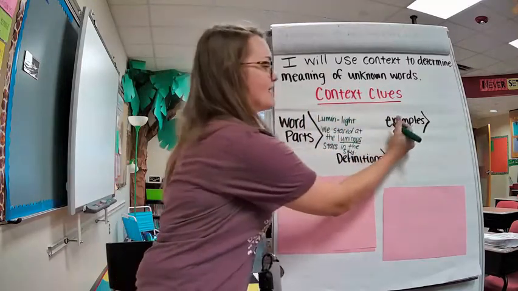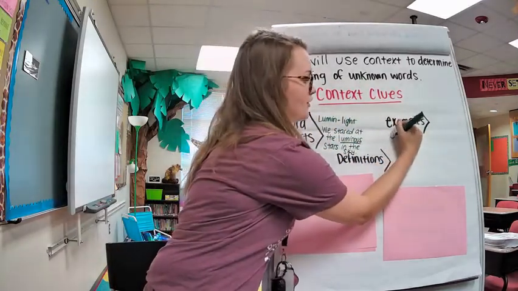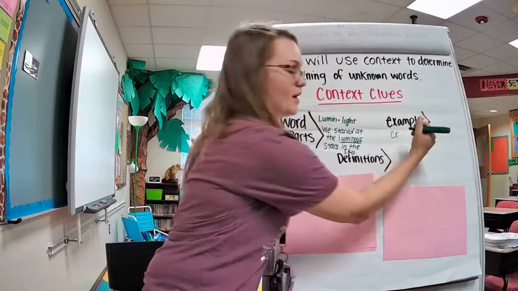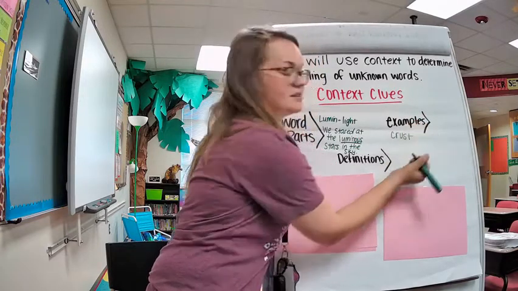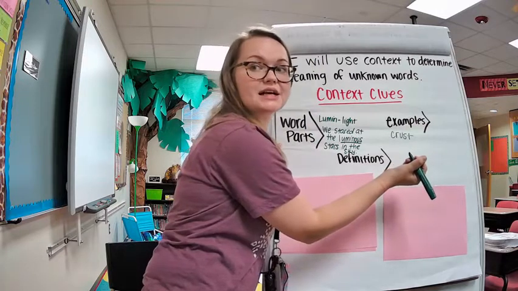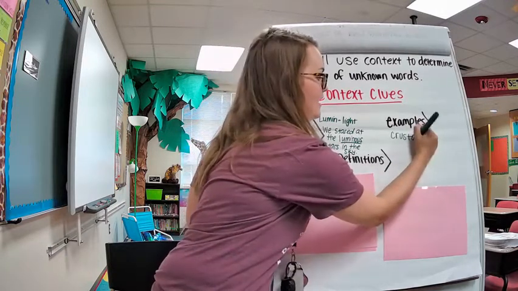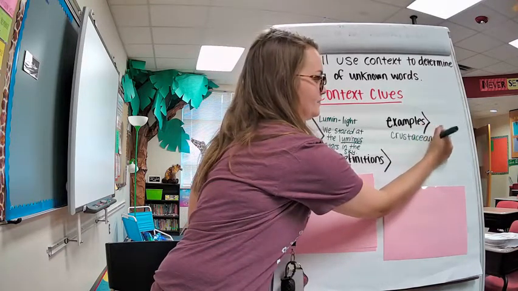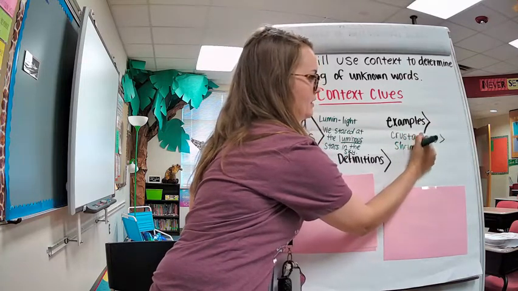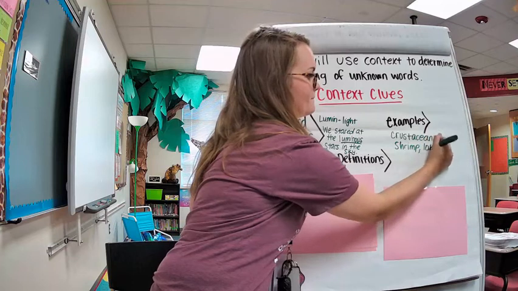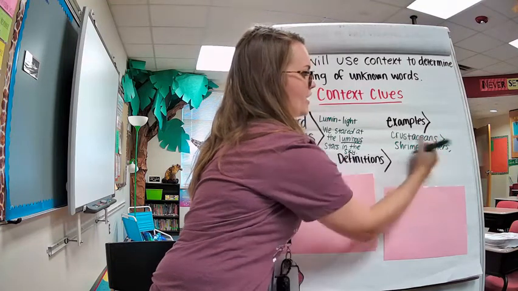So I'm going to write that right here. An example is just when the author gives you an example of the word. So our unknown word for this example is crustaceans. I want to make sure I spell it correctly. Crustaceans. Like shrimp, lobsters, and crabs.